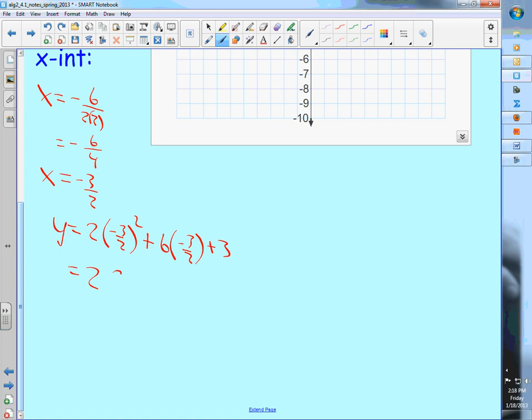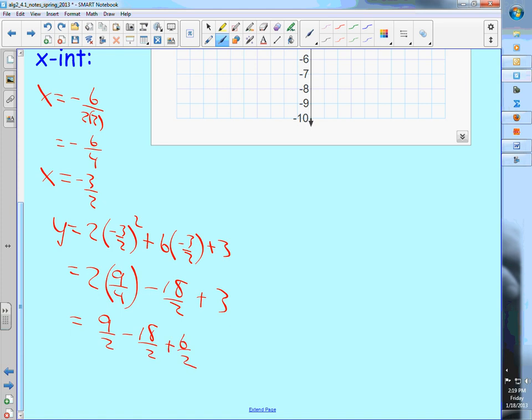When you square this, you're going to get 9 over 4. When you multiply, you're going to get -18 over 2 plus 3. When we reduce right here, you're going to get 9 over 2 - 18 over 2 + 6 over 2.